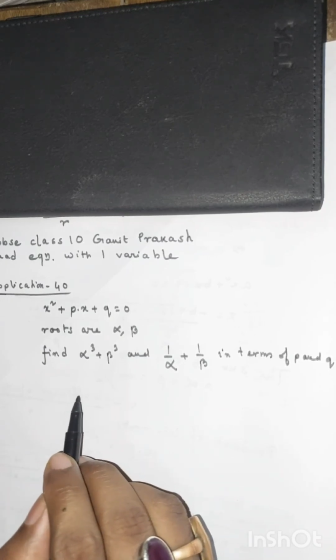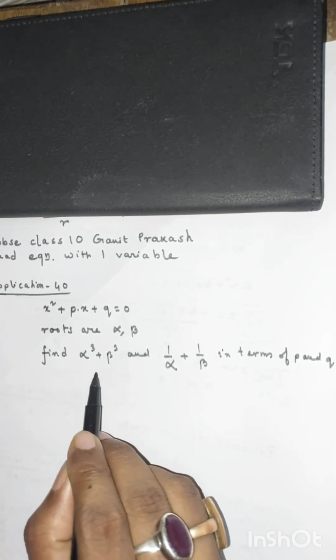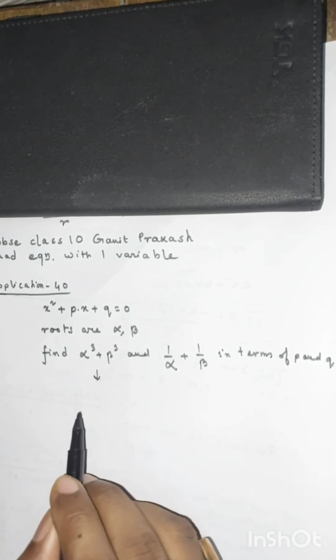So alpha cube plus beta cube. Okay, so let us find alpha cube plus beta cube.